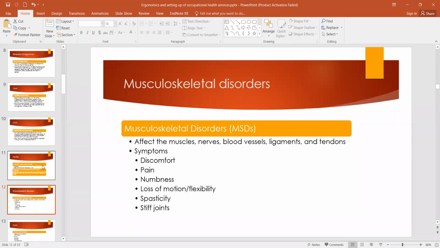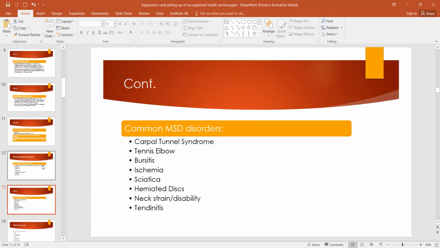The symptoms faced in musculoskeletal disorders are discomfort, pain, numbness, loss of motion, flexibility, spasticity, and stiff joints. There are different musculoskeletal disorders, and the most common are carpal tunnel syndrome, tennis elbow, bursitis, ischemia, sciatica, herniated disc, neck strain, disability, and tendinitis.